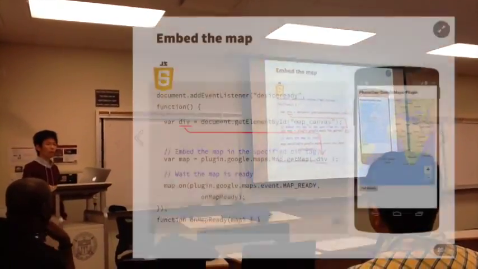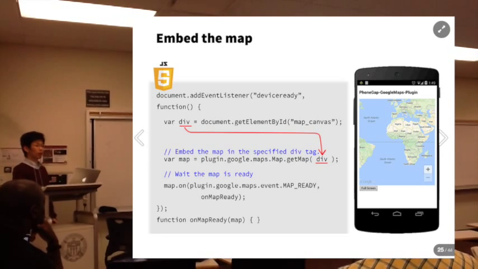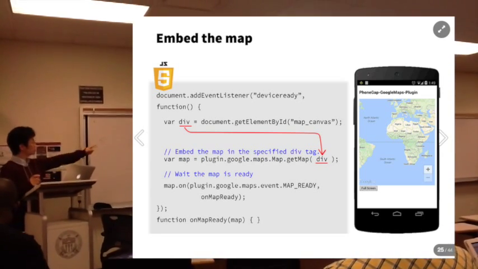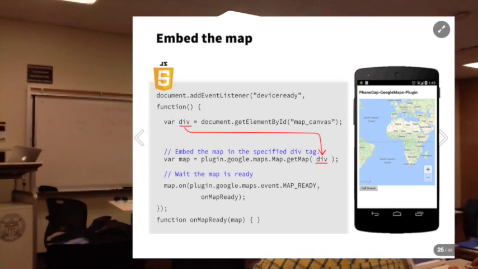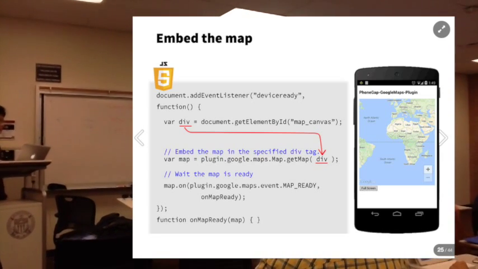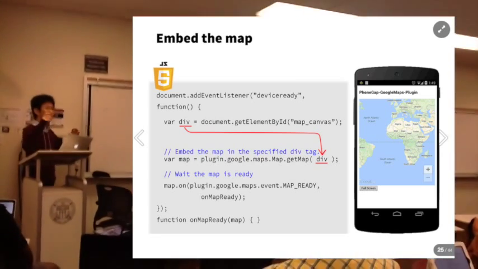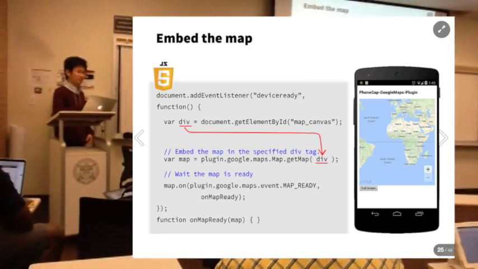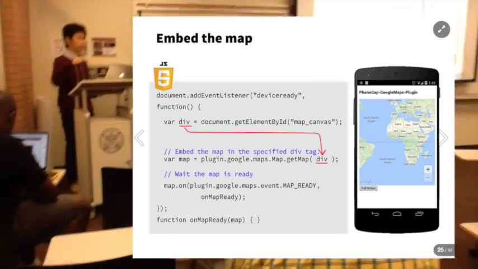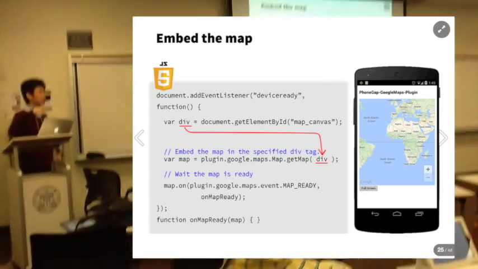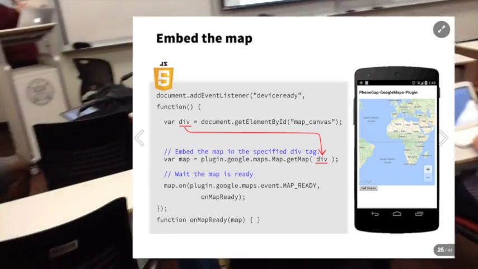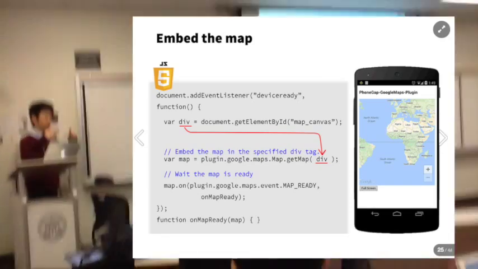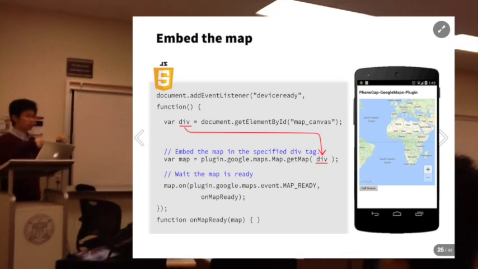Or my plugin supports embedding the map. You can just pass a div tag to get map. Can you imagine how difficult that is? Because a browser is a browser, right? Normally a browser renders HTML only. Yeah, you can use a video tag, but just the video tag, right?